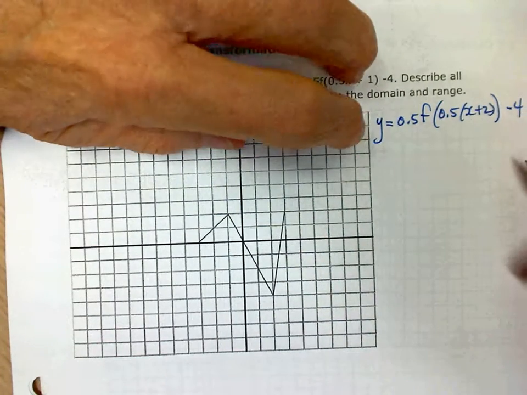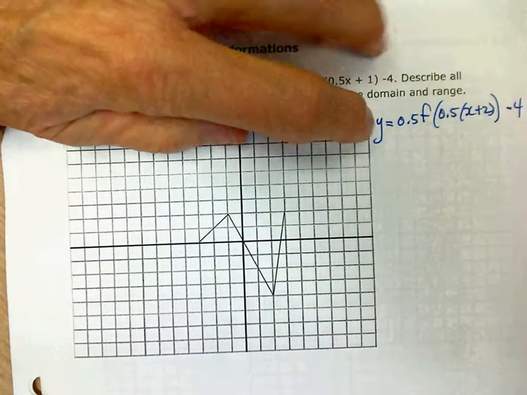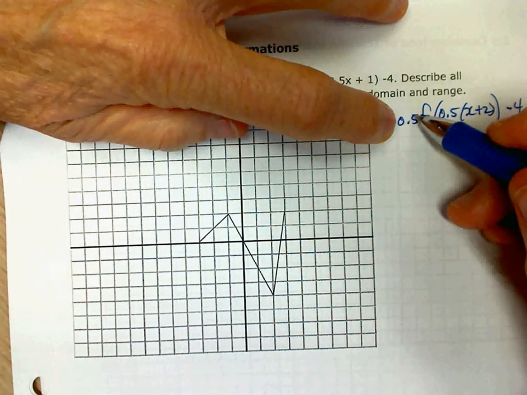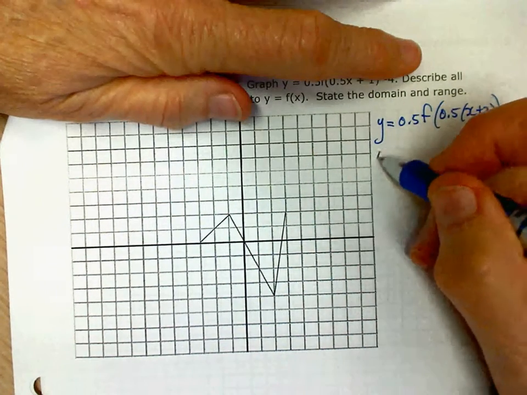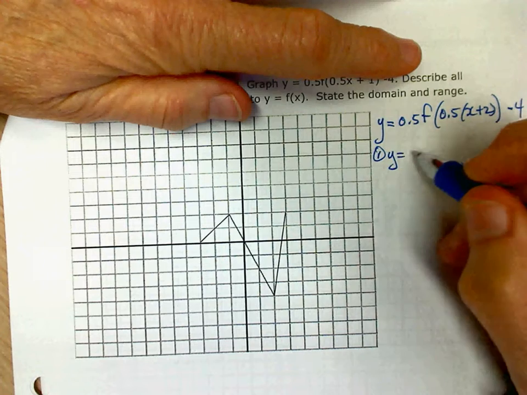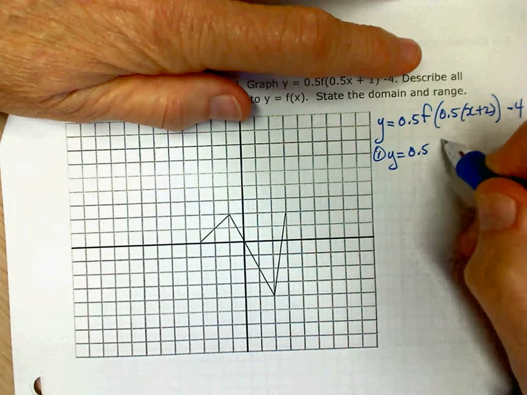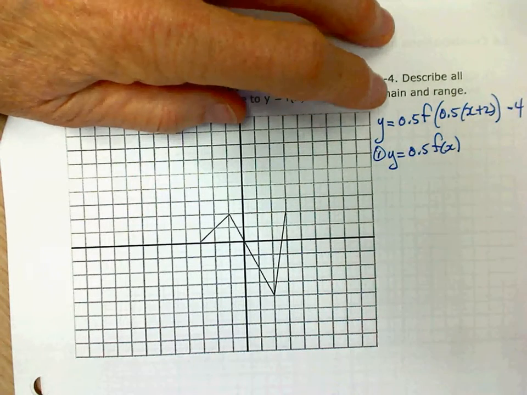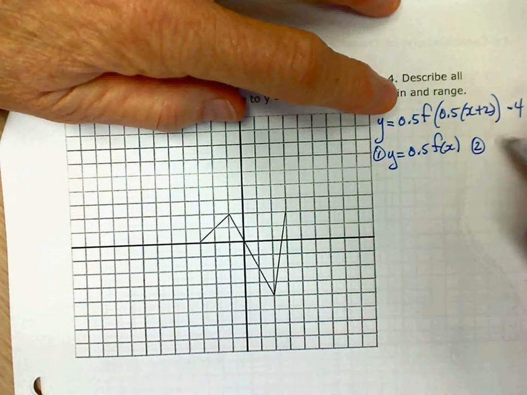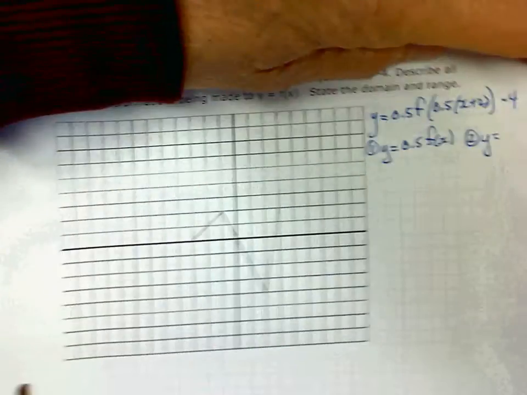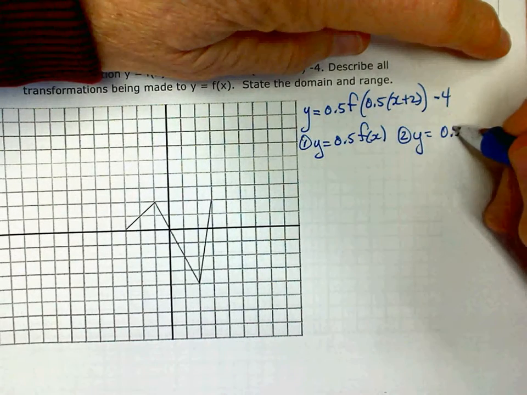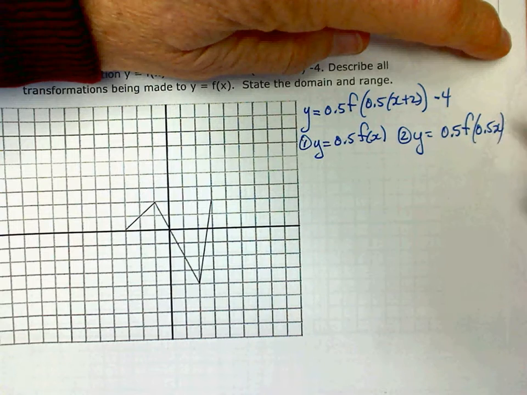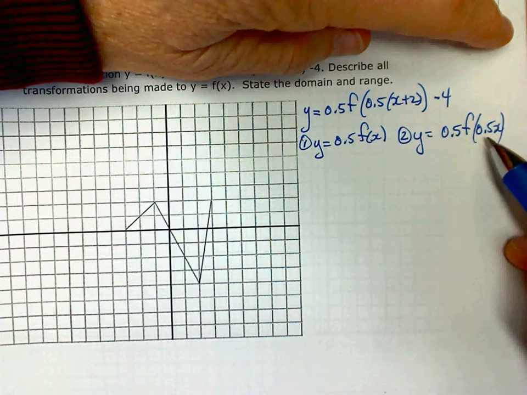Just run your finger. We're going to handle the vertical compression by a factor of 2. So the first thing we're going to draw is y equals 0.5 f of x. And the second thing we're going to draw is y equals 0.5 f of 0.5x. This is the horizontal stretch by a factor of 2.